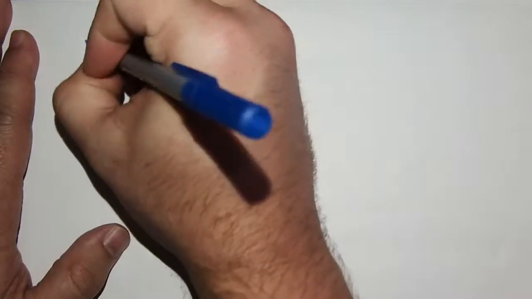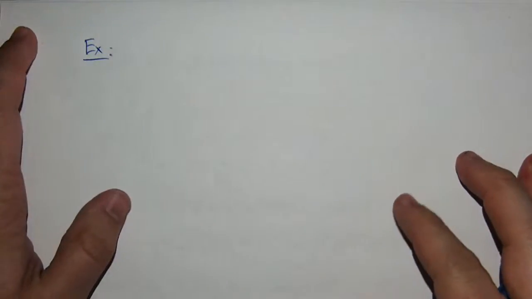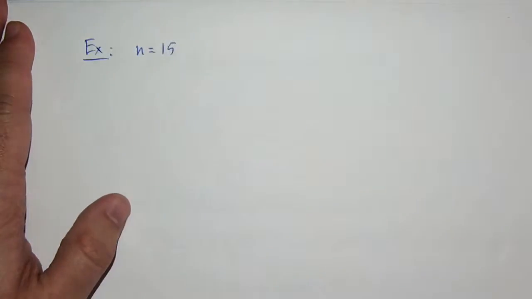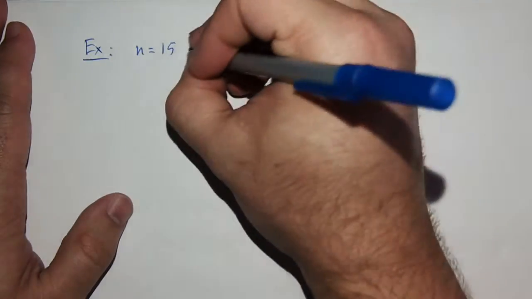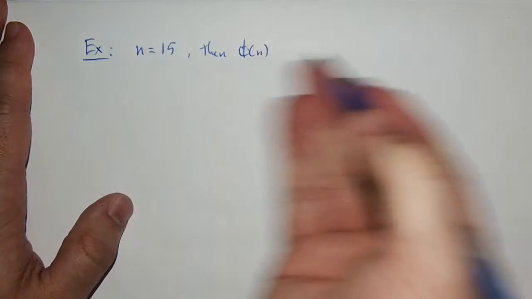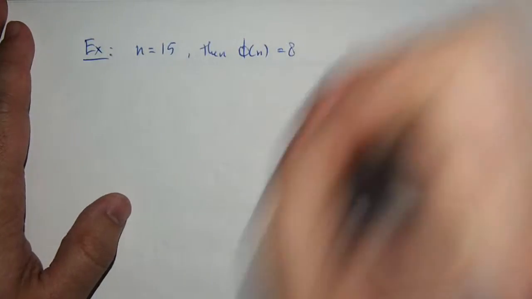Some examples of using this corollary. Let's say n is 15, then phi of n is phi of 3 times phi of 5, as we saw before. This is 8.